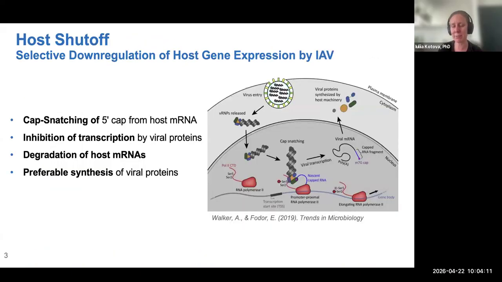However, influenza itself, as many other viruses, already give us some clue how to make it more efficient. So many viruses have a program so-called host shutoff, where they specifically can downregulate the host expression, so the translation of host proteins, and favor the translation of their own ones.